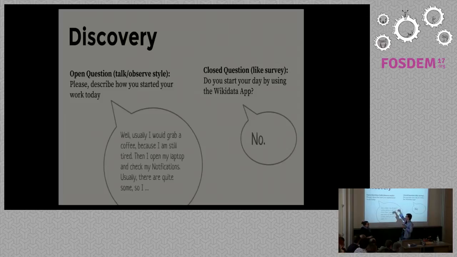That would be, please describe how you started your work today. And that demands a story-like answer in which you get potentially many new pieces of information, and the users can talk paragraphs over paragraphs, if transcribed, about how they started their day.